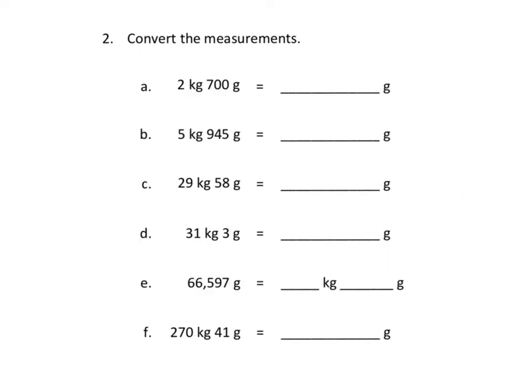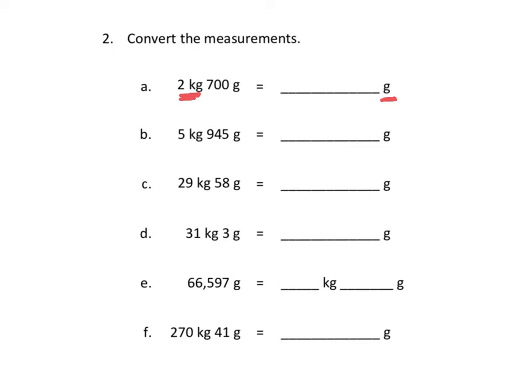Okay, with these we're going to look at converting them into equivalent measurements. So we have to take each one and turn them into grams. Grams is the smaller unit, whereas a kilogram is a bigger unit. So since they want us to convert them into grams, we're going to take 2 kilograms and convert it to grams.